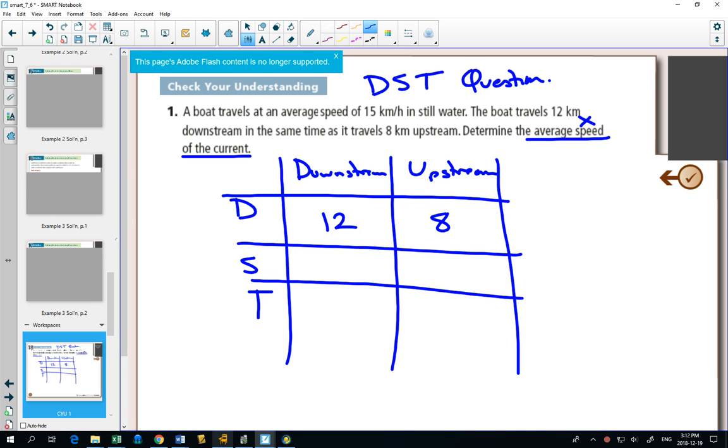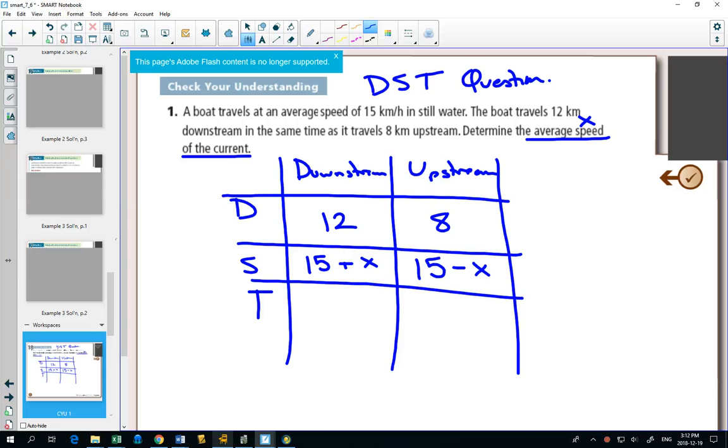So if we're going downstream, does it make sense that our speed is 15 plus the current? And upstream, we'll be going slower, so it will be 15 minus the current.